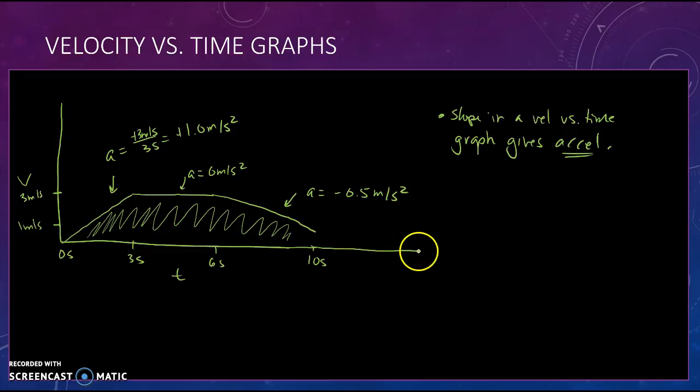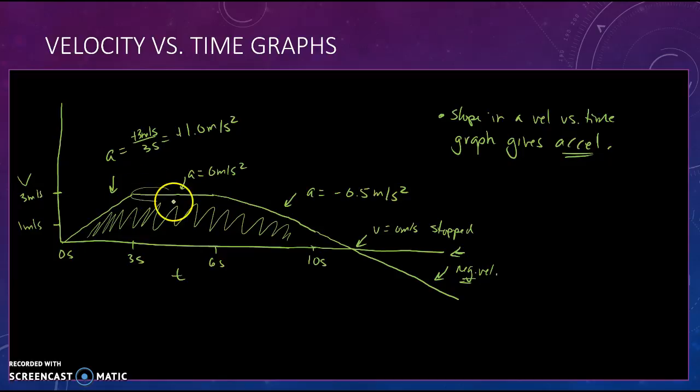If I extend this out a little bit, once this goes down right here, it would have a velocity of 0 meters per second, so where it crosses the axis, you would say it has stopped. And then here, it has a negative velocity, so if the negative direction is backwards, then it's going backwards when it's underneath the x-axis. You don't tell by the slope; you tell whether it's above or below the x-axis.